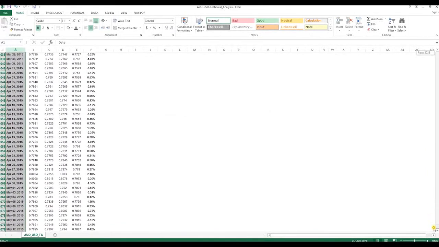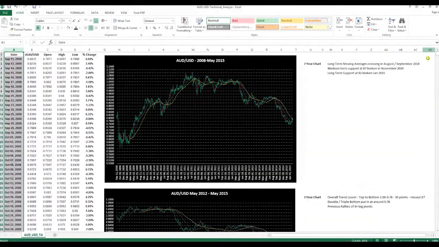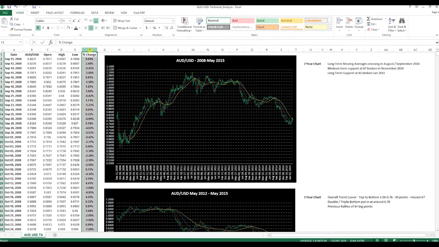What we're looking up to here is actually right up to now, May 2015, which is quite important. We'll come back to that later. We've got the Aussie dollar, US dollar exchange rate for each day. So remember, this is daily data that we've downloaded. We have the open for the exchange rate, the high and the low, and the percentage change of the exchange rate from the previous day.